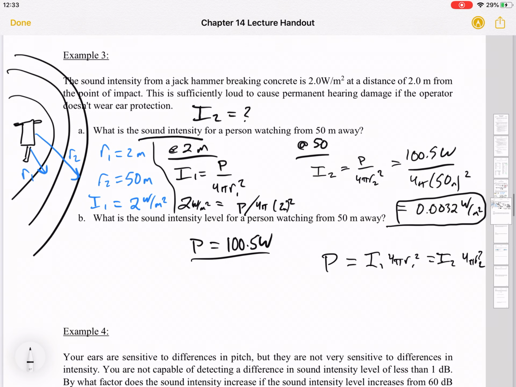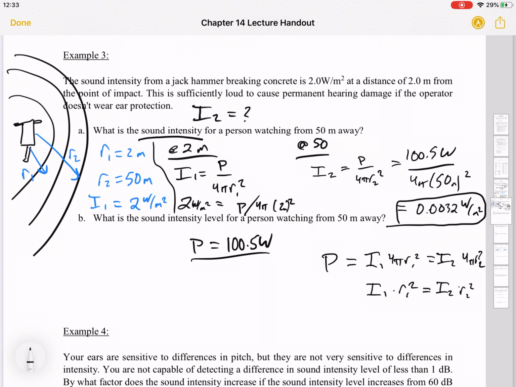So one handy trick here is you see the 4 pi's go away. So I could have said I1 R1 squared equals I2 R2 squared. So you see it's kind of a ratio thing, but you have to square the R's. And you have to notice it's I1 over R2 squared equals I2 over R1 squared.